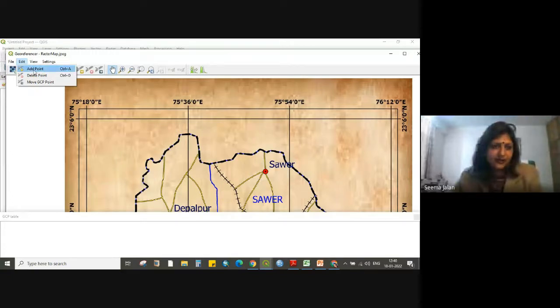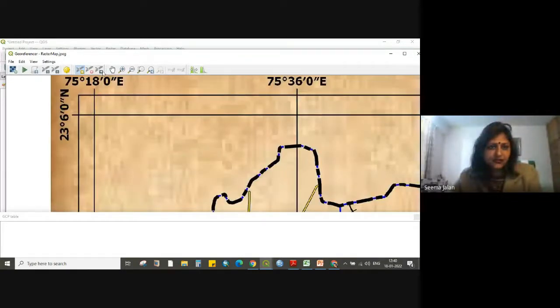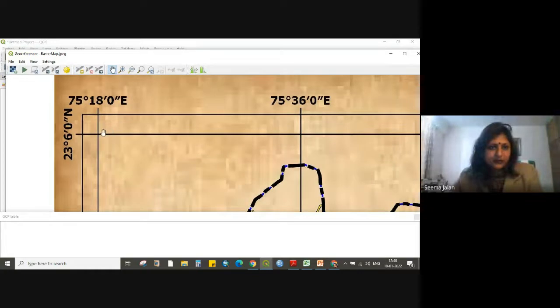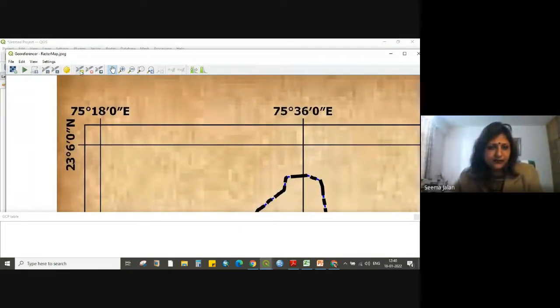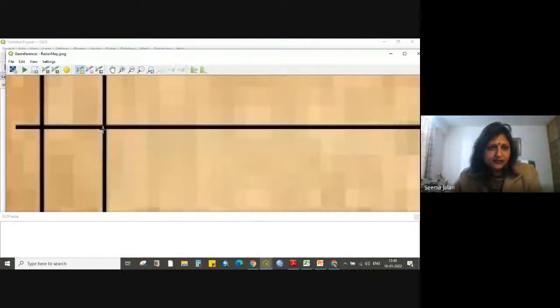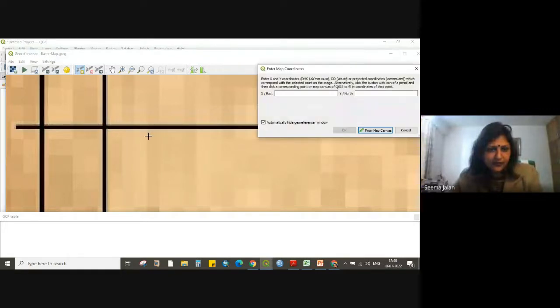You can also take it from here, edit, add point. Okay, add point. See, the cursor changes to a crosshair. I go here, I zoom it a bit. Okay, I take this and I click here, in the center.